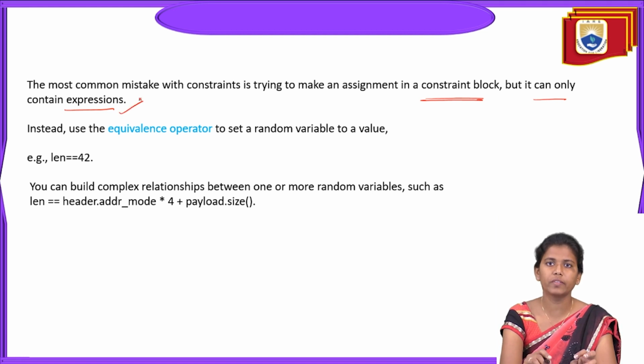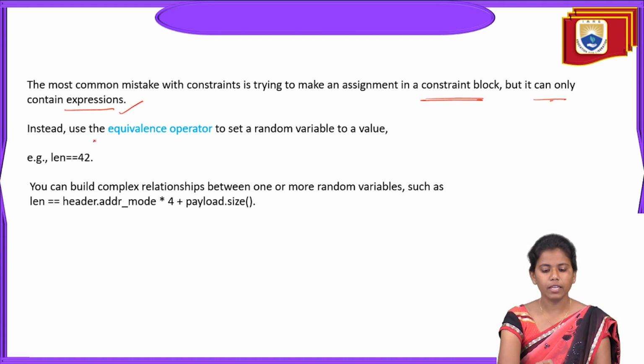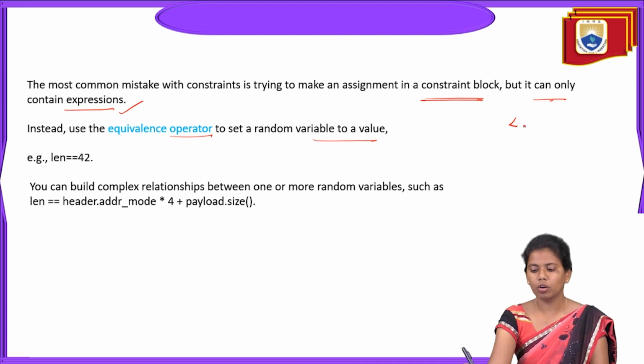It contains only the expression, and that expression consists of different types of operations. As in the previous example, we have seen the expression consists of relational operators. Likewise, with the help of logical operators also we can build the expression. And then instead use the equivalence operator to set a random variable to a value. So here what he is saying is, either we can go with the less than operator, or else we can go for the equivalence operator.